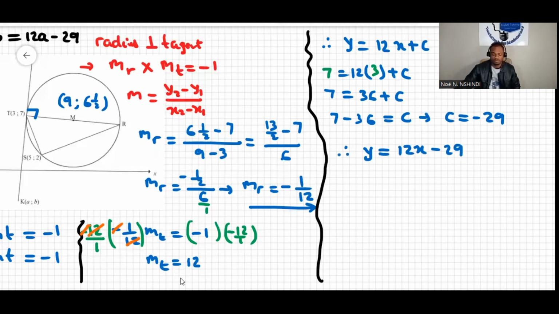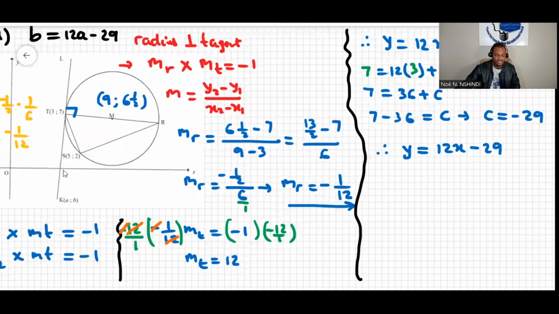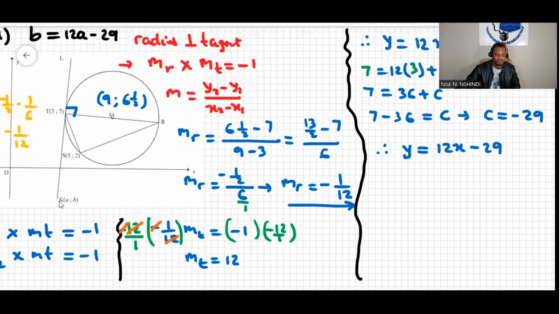Now, the x coordinate of the point K is A and the y coordinate is B. So if you sub that point, we have B equal to 12A minus 29, because B is the y coordinate and A is the x coordinate. Proven.